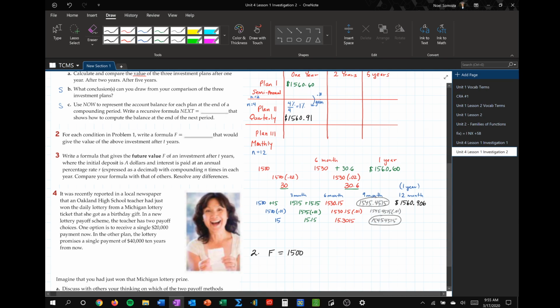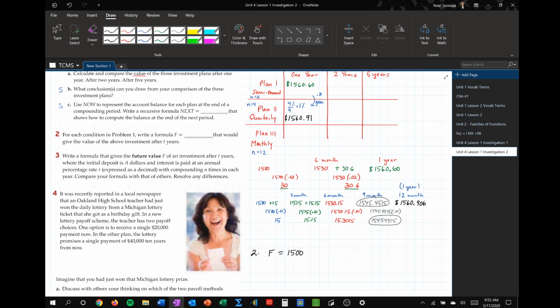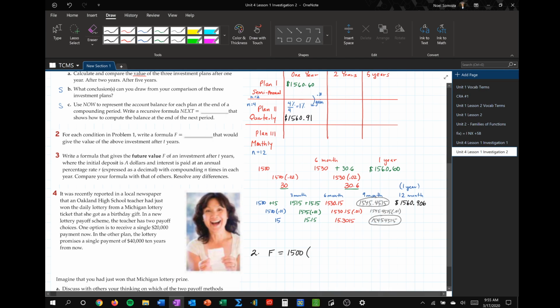Now because I want to find a final value, I have to treat it a little bit differently, because if I just use what I have here, it's just going to give me the interest that I earned. And because it's F, we want a final value. So I know that I need a 0.2 in here somewhere. This is for the semi-annual plan.